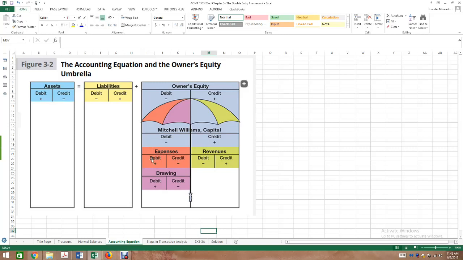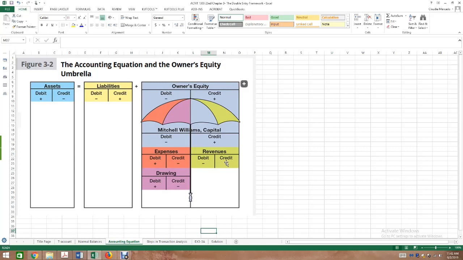Okay, revenues, the same thing. Anytime you see the word revenue, I performed a service, I sold something, depending on what kind of business you are, you're going to be crediting it. Revenues increase the money that you generate because you're performing a service or selling a good. Once again, 99% of the time when you see the word revenue, service fees, anything of that nature, money that you're earning, it's going to be a credit because you're increasing your revenues.